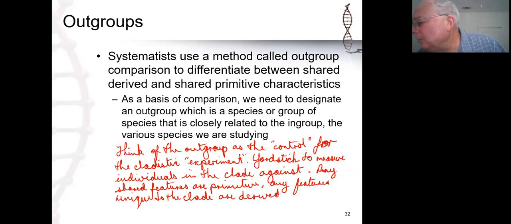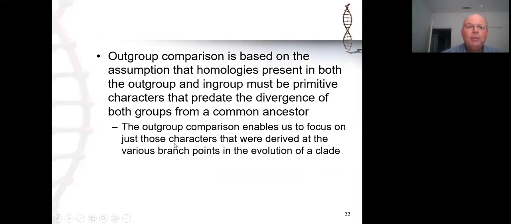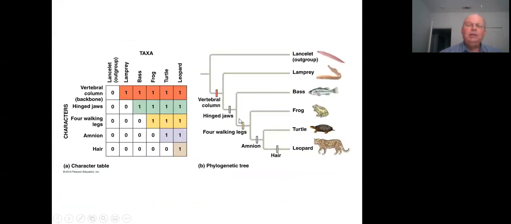So hopefully that last part is obvious based on what I've already said, but I'm going to restate it again. Any features that are shared between the outgroup and the clade as you're defining it must be shared primitive features. Any features that are unique to the clade as you're defining it must be shared derived features. So let's take a look at an example of how we do this.